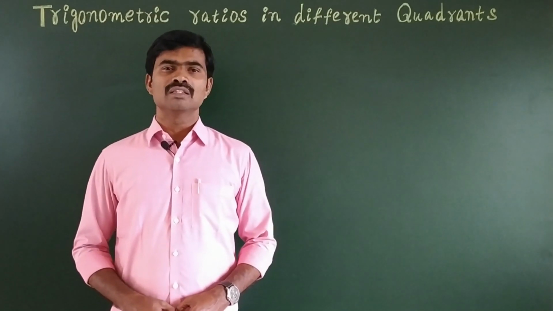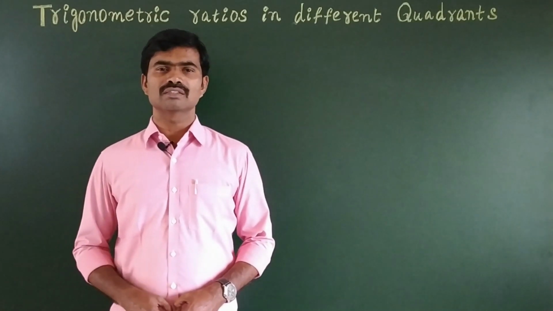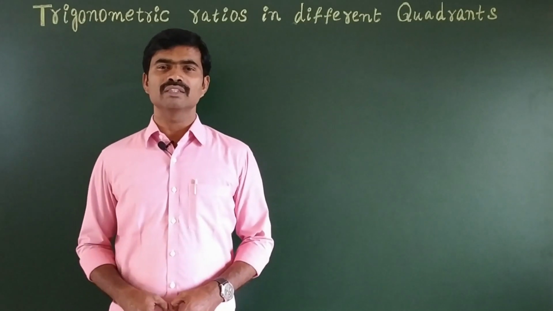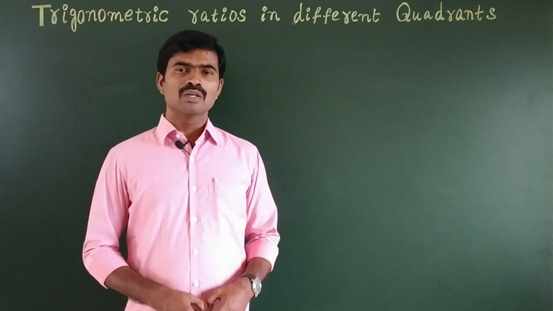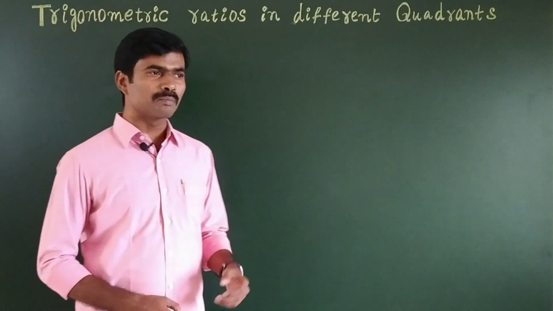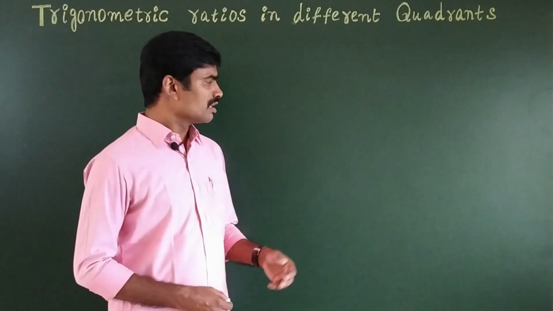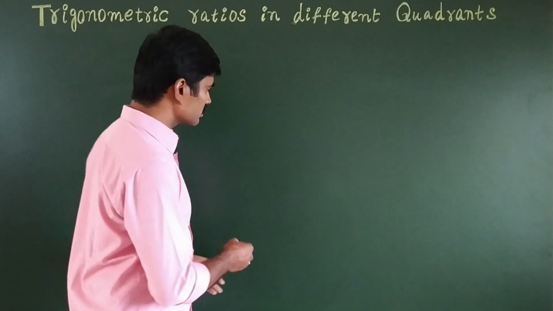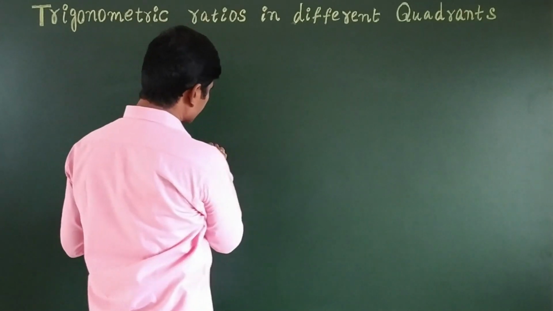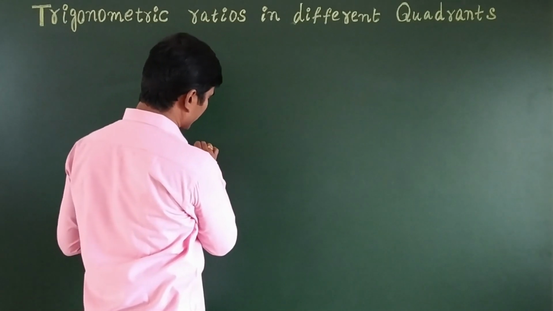To find cos 120 degrees, tan 210 degrees, cos 300 degrees, like that, we can use the help of the Cartesian plane. Cartesian means coordinate axes, x-axis and y-axis. Take the x-axis and y-axis on a plane.